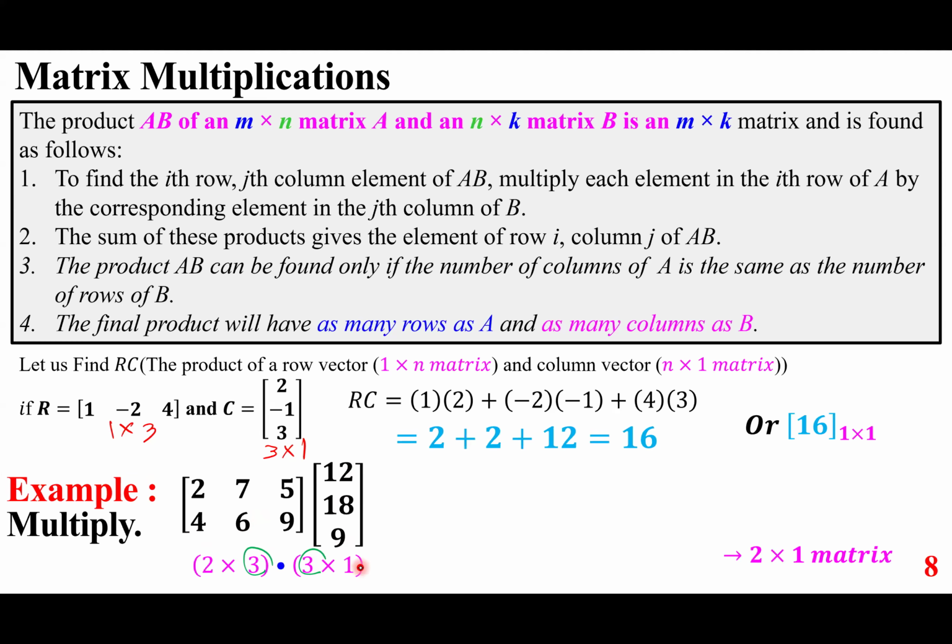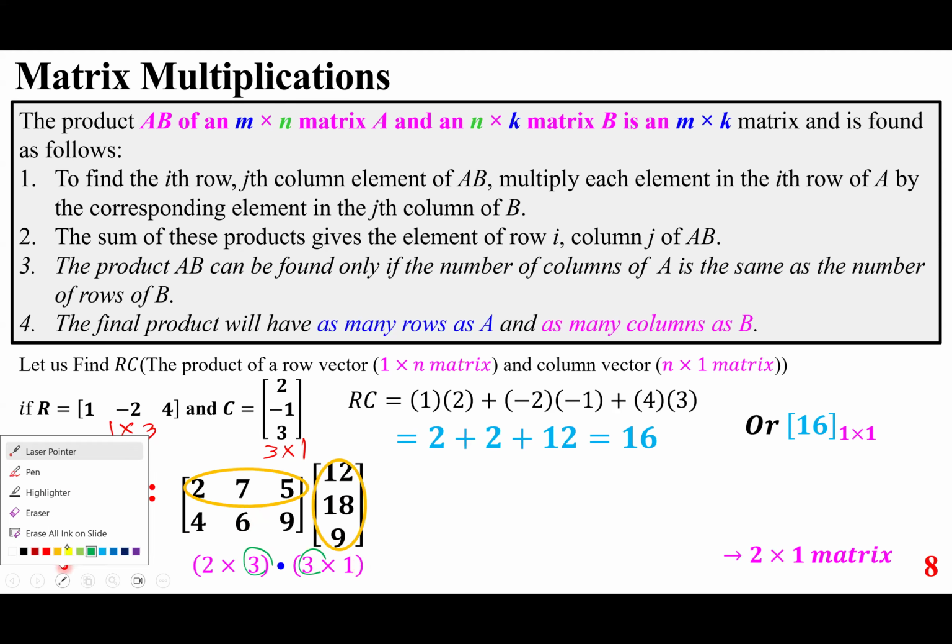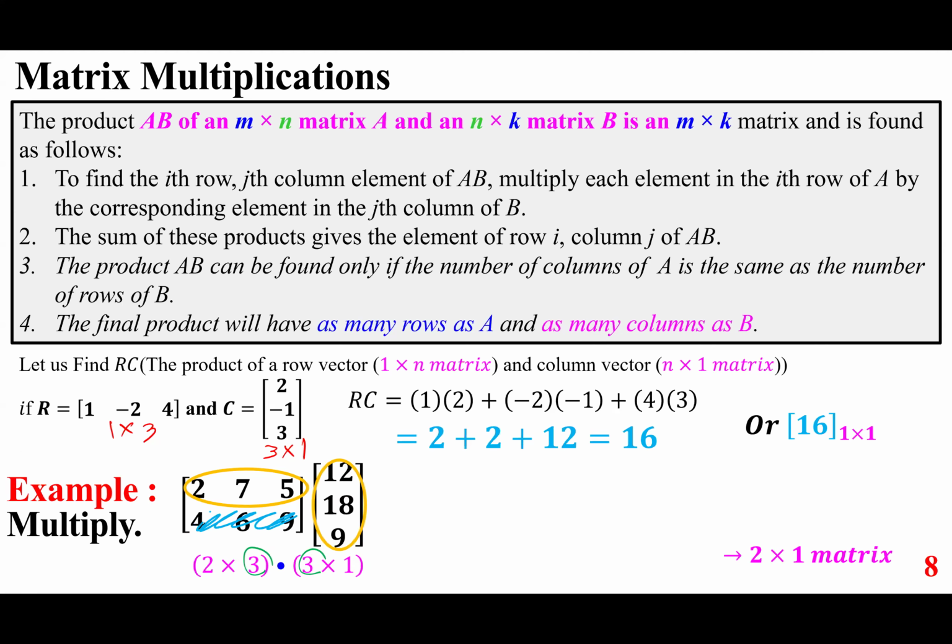So how do we multiply? We multiply the first row by the first column. In fact, for now, just for a moment, imagine this didn't exist. It would become exactly like that one, and then we're going to do it. So 2 times 12 plus 7 times 18 plus 5 times 9. And you would write that.